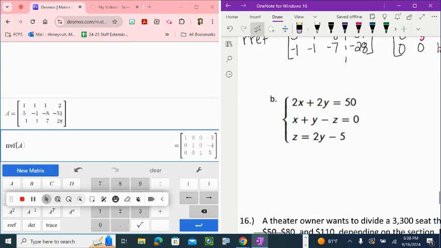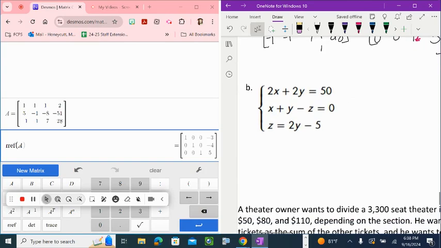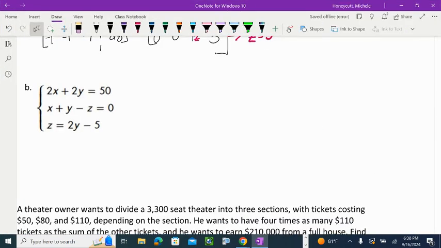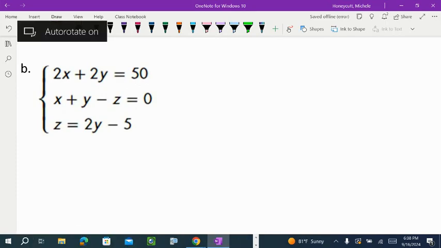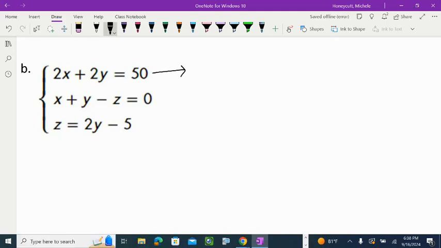For part B, again, I want to make sure, oh no, our equations are not stacked. So I'm going to have to make that happen. So for the first line, that's going to be changed into 2x plus 2y plus 0z equals 50.